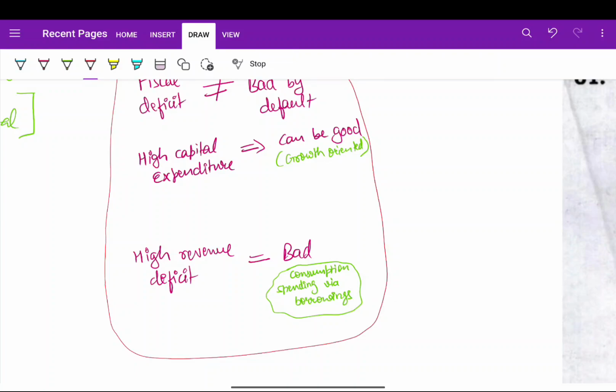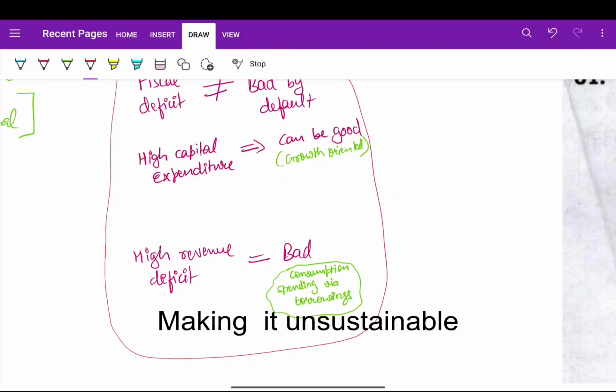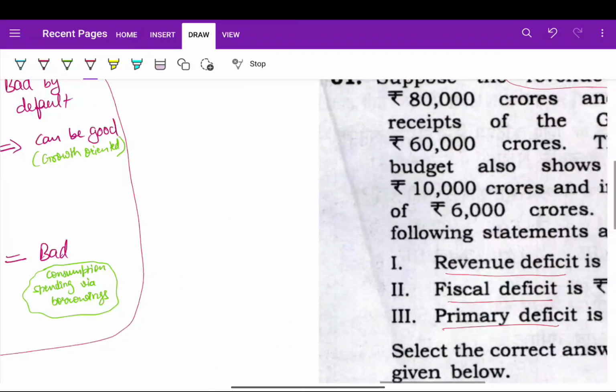That would mean that the government's revenue expenses are more than what it is earning, and therefore it is spending more via borrowings. And revenue spending does not create any assets, so it is spending more and earning less and spending the money it borrows, and the borrowings are not creating any capital assets, so that is bad.